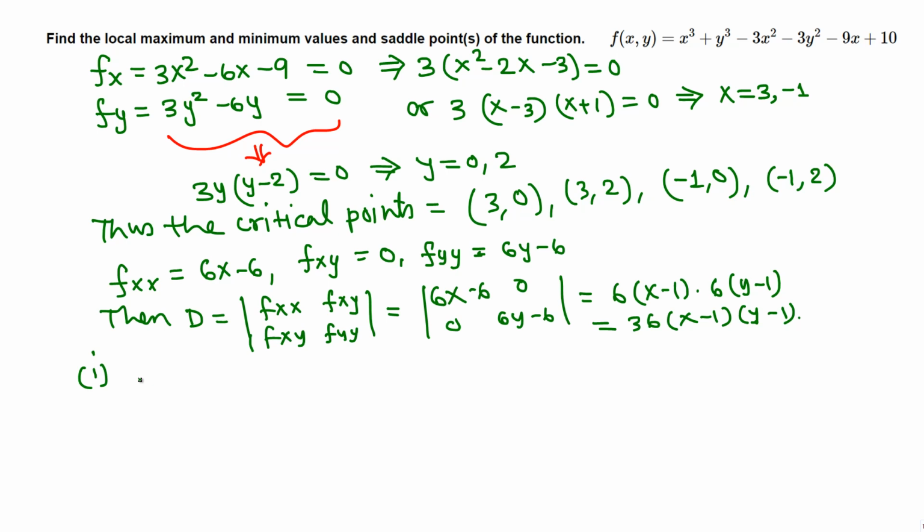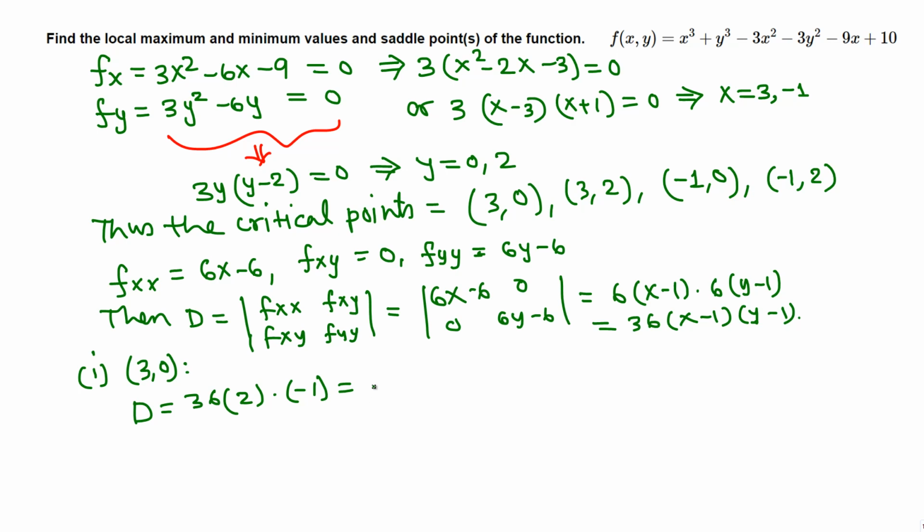So number one, for the critical point (3, 0), what is the discriminant? This is the x value and this is the corresponding y value. The discriminant at (3, 0) is 36 times (3 minus 1), which is 2, times (0 minus 1), which is negative 1.